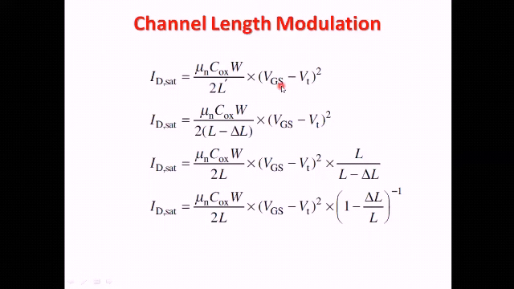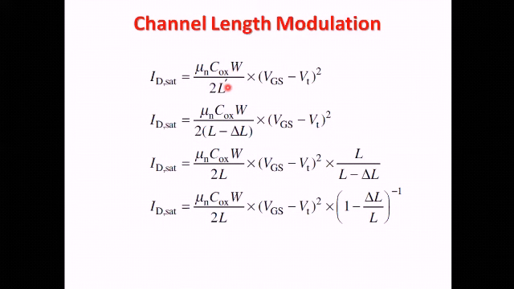So this VGS is the gate to source voltage, μn is the mobility, Cox is the capacitance of the oxide, W is the width, and this L' is the effective channel length. So let us see.